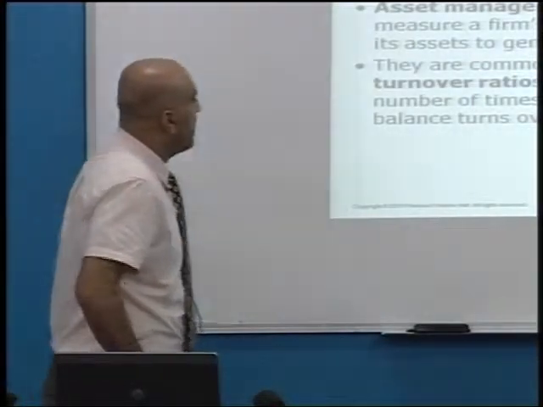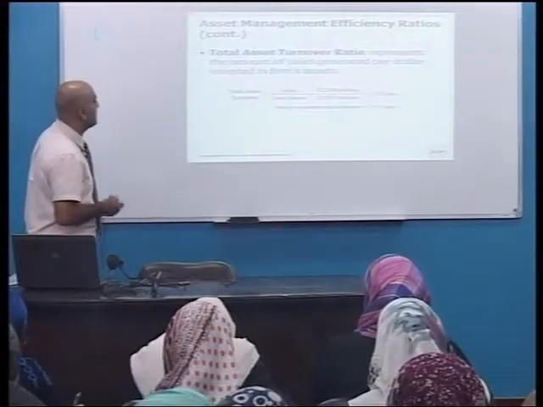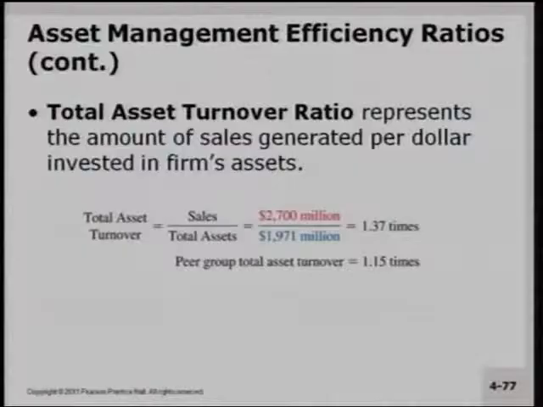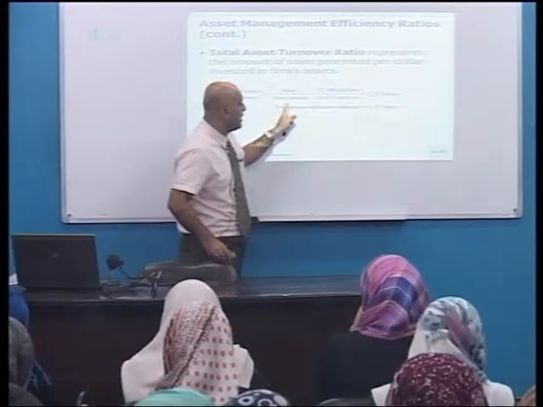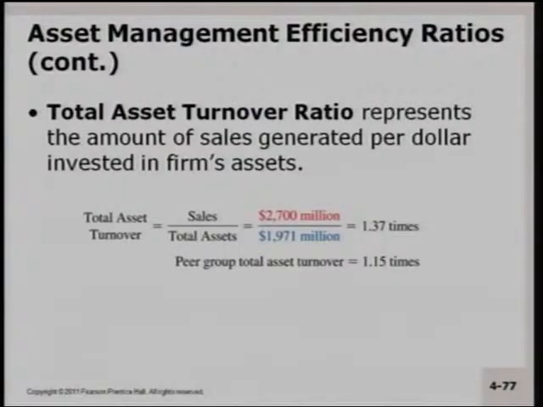We can cover this by using the turnover ratios of the total assets and of the fixed assets. The first one, total asset turnover ratio, equals sales divided by total assets. So you have 2.7 million divided by 190.71, which gives 1.37.